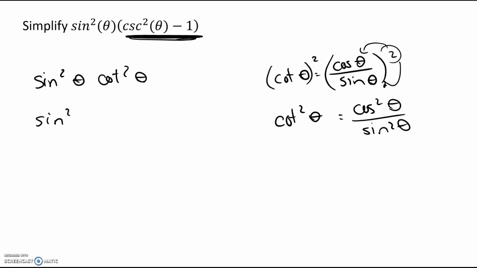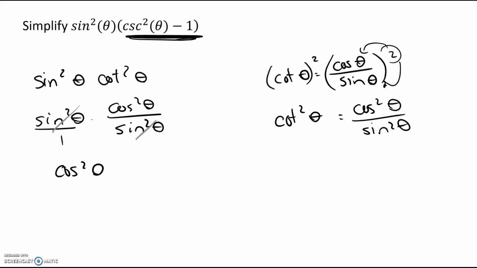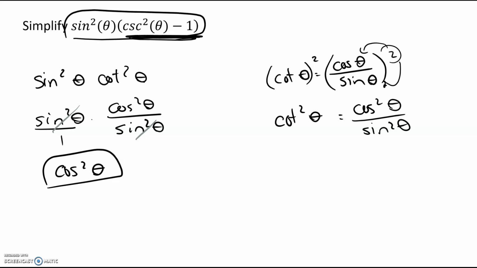So I'll have sine squared of theta times cosine squared of theta over sine squared of theta. I'm going to put this over 1. Well, hey, the sine squares are going to cancel. And then I'm left with cosine squared of theta. And that'd be our final answer. We have simplified this expression right here.